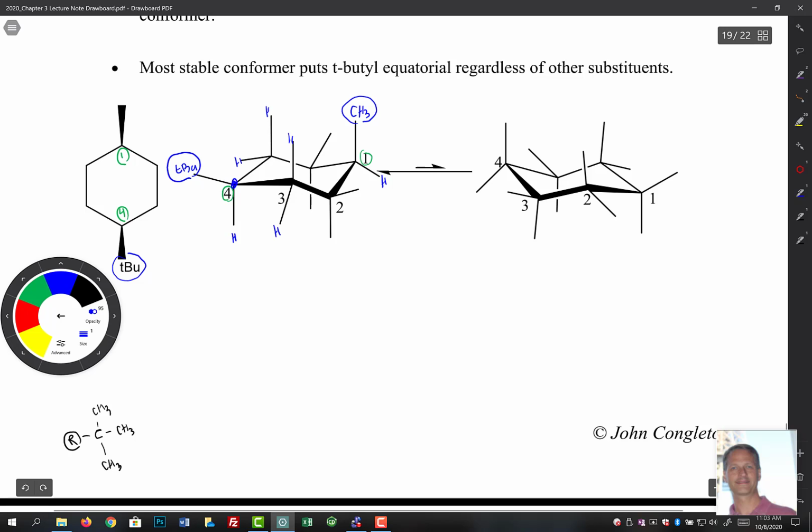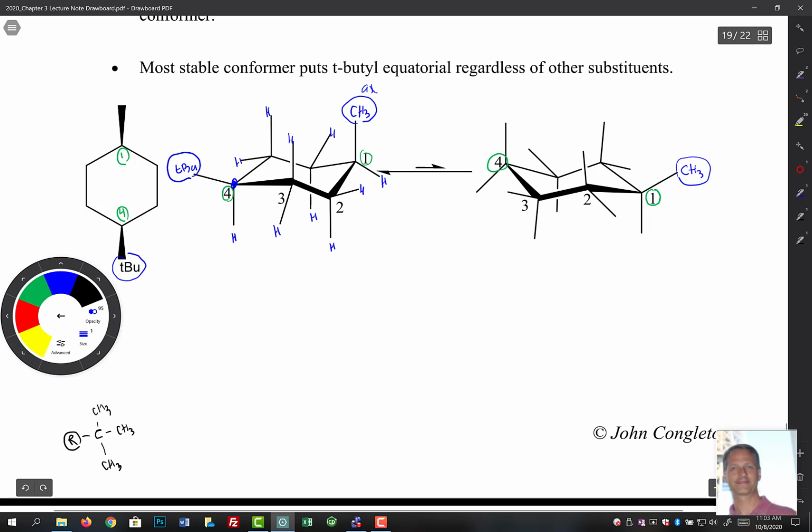Now again, I kind of mentioned this before, but if you wanted to leave those out, it certainly would be understandable. All right, now when we do our chair-chair interconversion, that number 1 position here comes down to this position, and then our number 4 pops up over here. Now as we do that, let's see what happens. Remember, axial here, so that's now going to become equatorial.